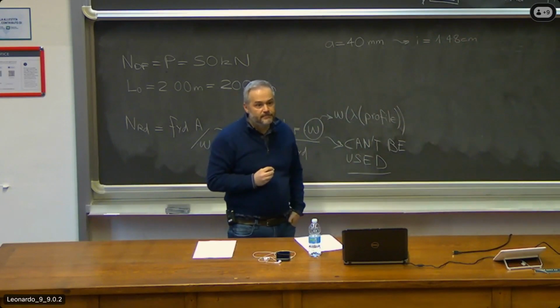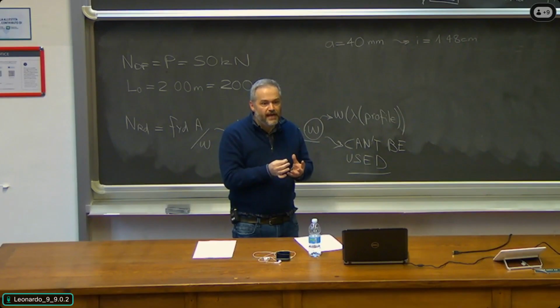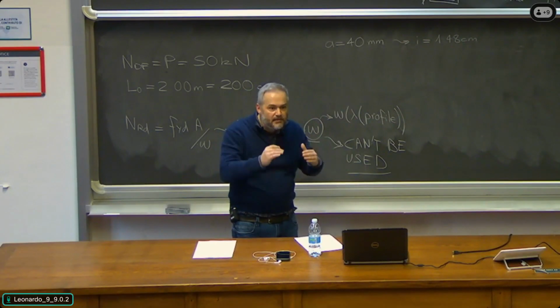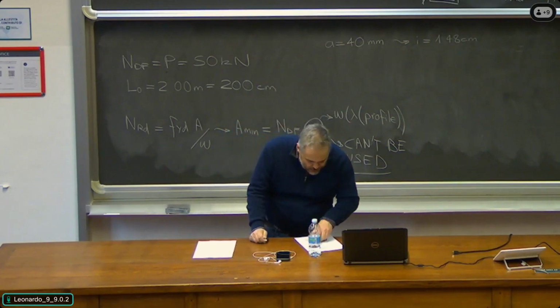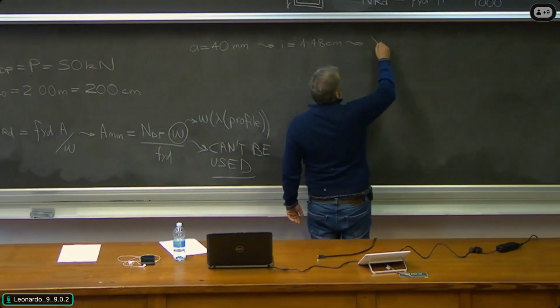Okay? Let's group them and use as a radius of gyration for this group of profiles the minimum you have, which is the one corresponding to a thickness of 4 millimeters. In this case, what is the lambda?